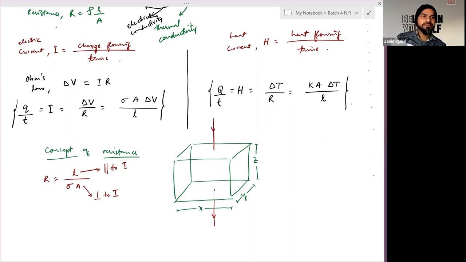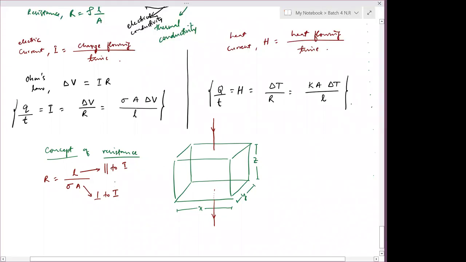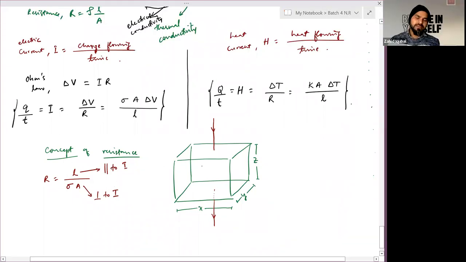Nabila, any doubt? No doubt, sir. So on the basis of this concept, try to find resistance offered by this particular cuboidal block. Which dimension will be behaving as length and which dimension will be behaving as area?